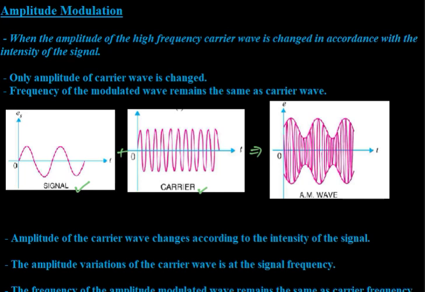Here the amplitude of the carrier wave is changing in accordance with the amplitude or intensity of the signal voltage or signal wave. So we can say that amplitude of the carrier wave changes according to the intensity of the signal.